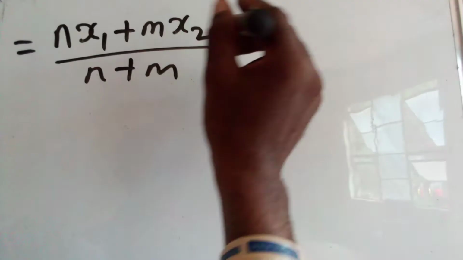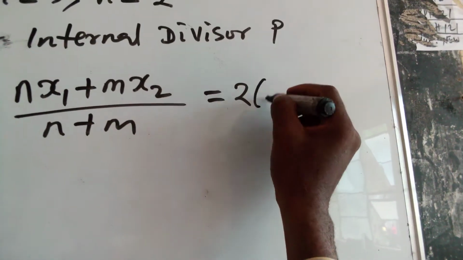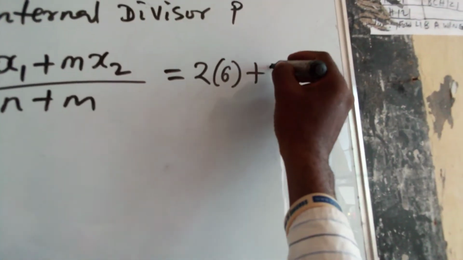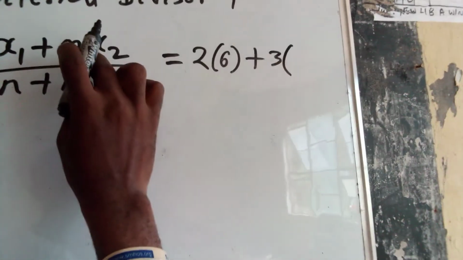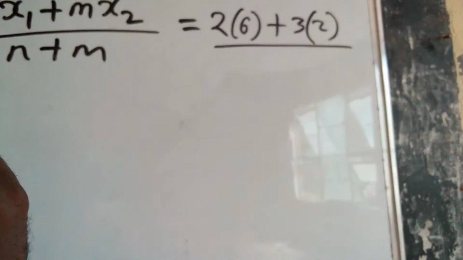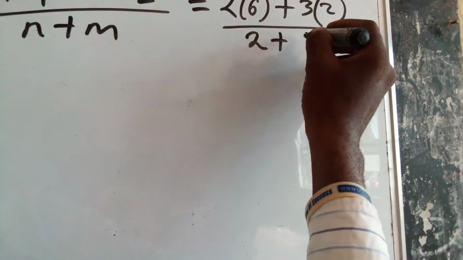What is your n? 2. What is your x1? 6. Plus, what is your m? 3. What is your x2? 2. All over n is what? 2. m is what? 3.